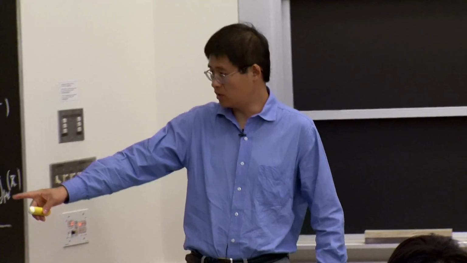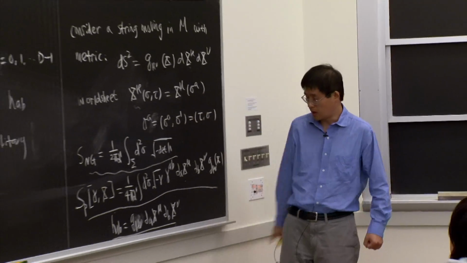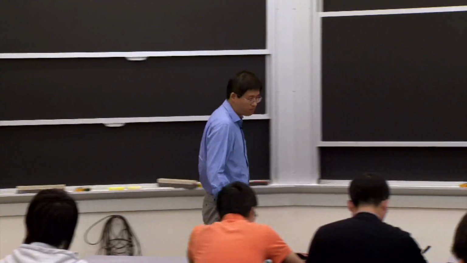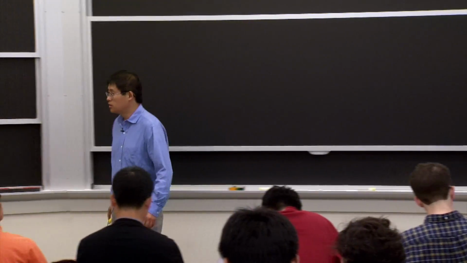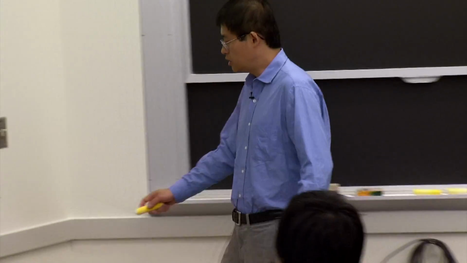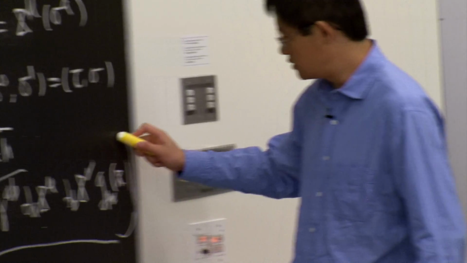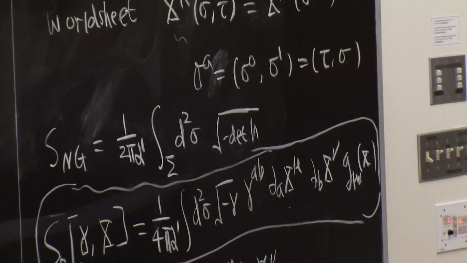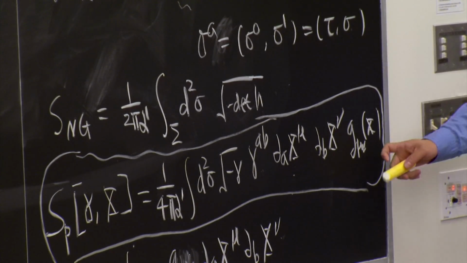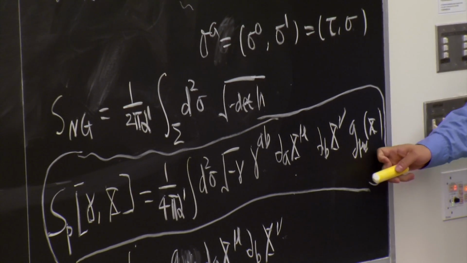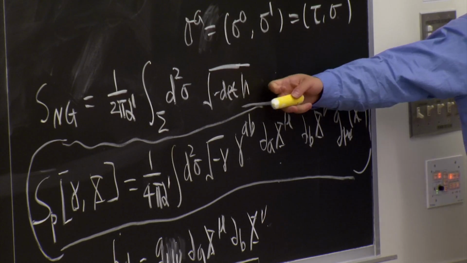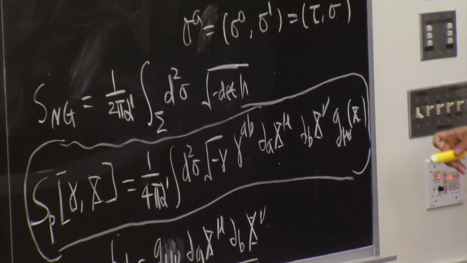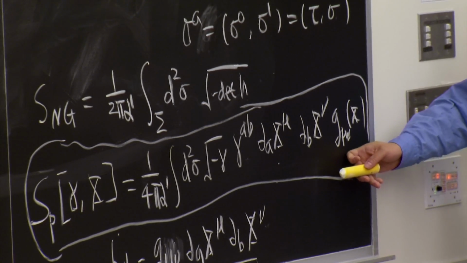If you solve the equation of motion for gamma AB, you get something like lambda h AB, where lambda is an arbitrary function. So this final form is the action we will use to quantize, because it has a nice polynomial form, not like this action, where the square root is always awkward.